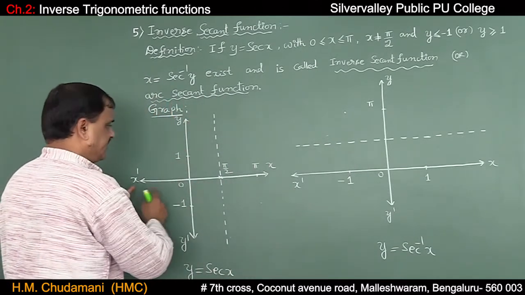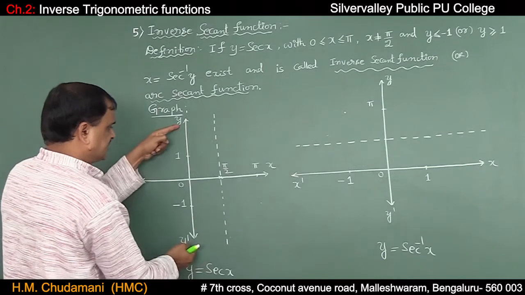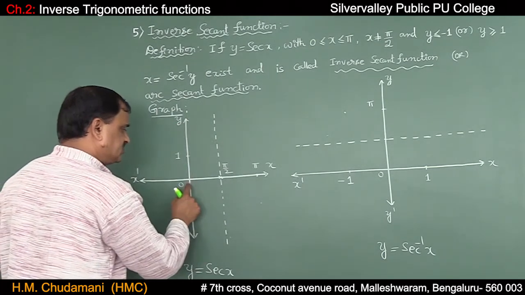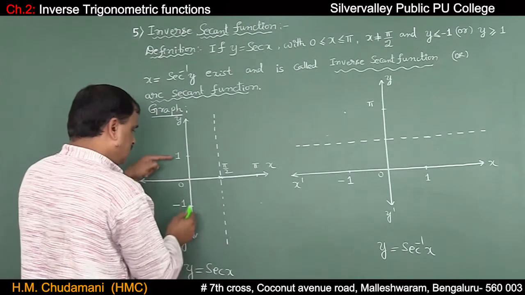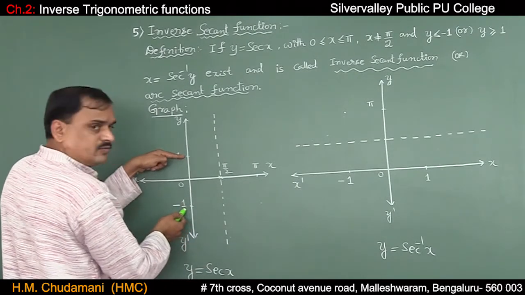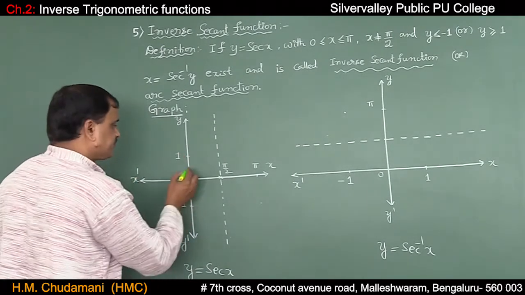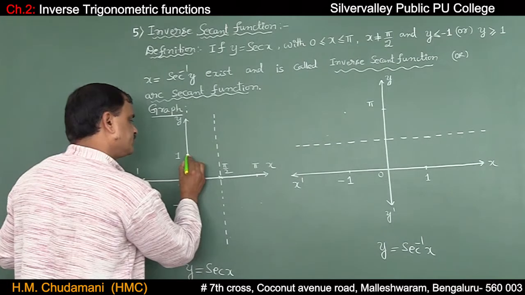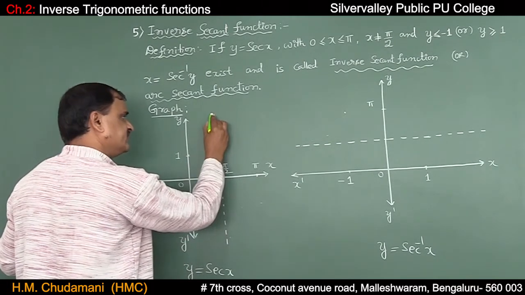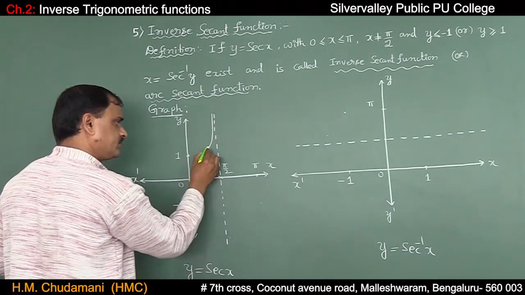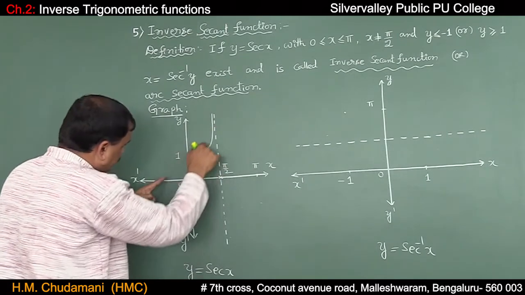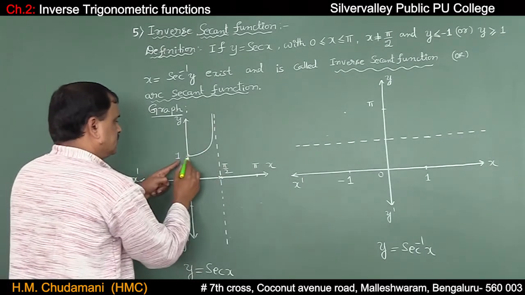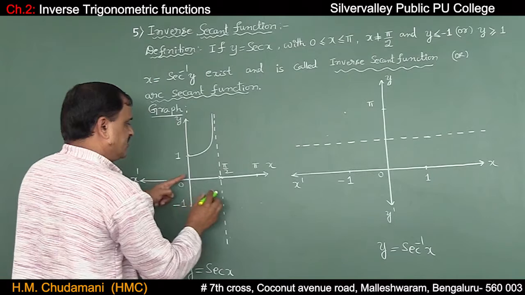Let us see the graph. X-axis and the y-axis. So 0, pi by 2, pi. This is pi by 2. And on y-axis 1 to minus 1. So here the graph is like this. Cosine function is this, it should be the inverse of that, mirror image.